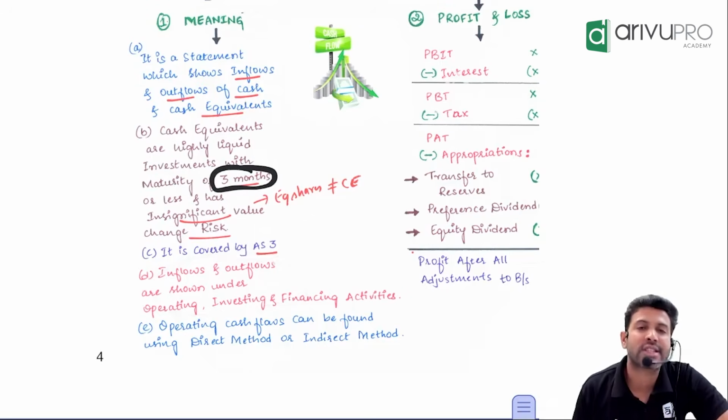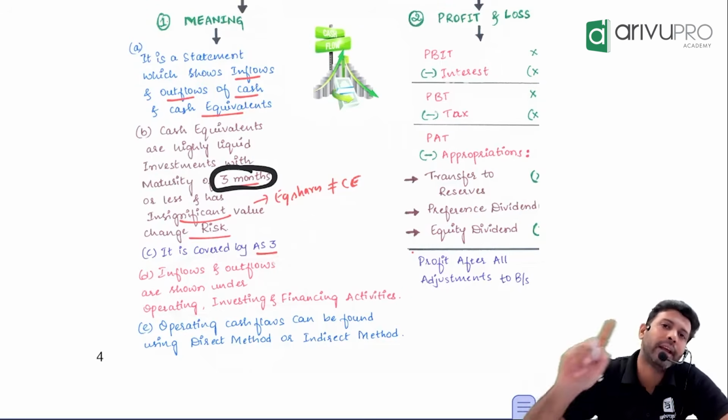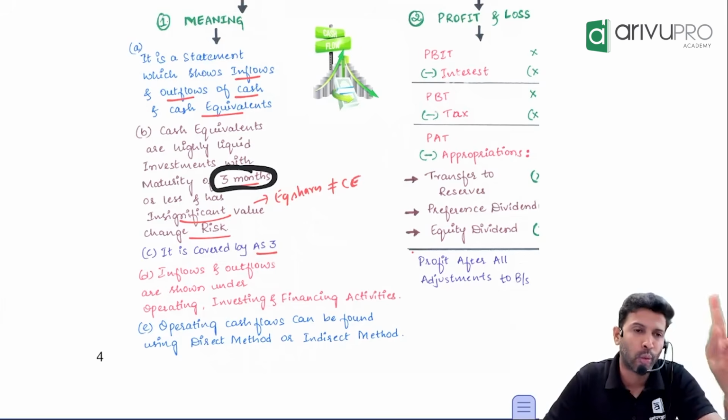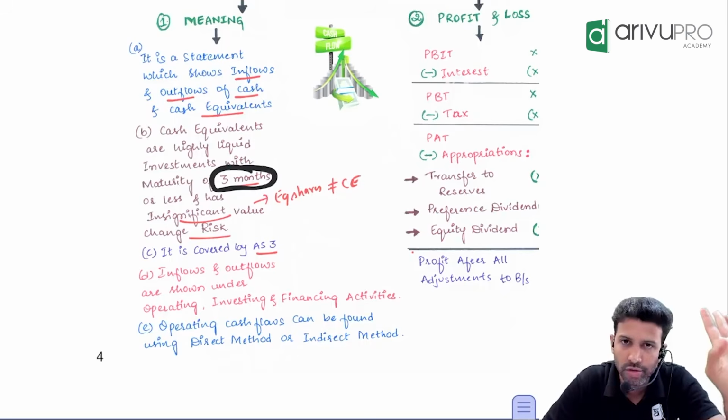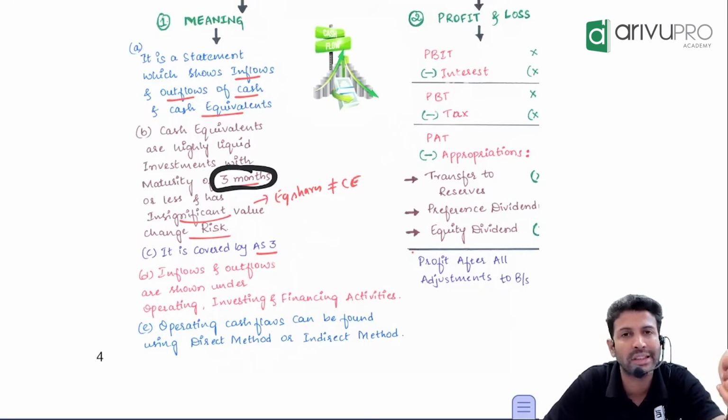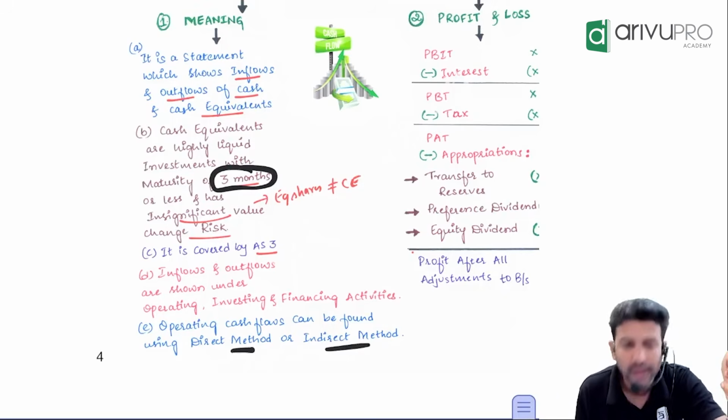Now, first bucket is operating cash flow. You can find out operating cash flow using one of 2 methods. Both methods will give you the same answer, but based on the information we can use one of the 2. Those methods are direct method and indirect method.